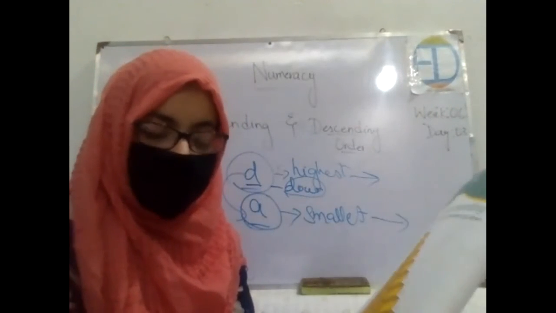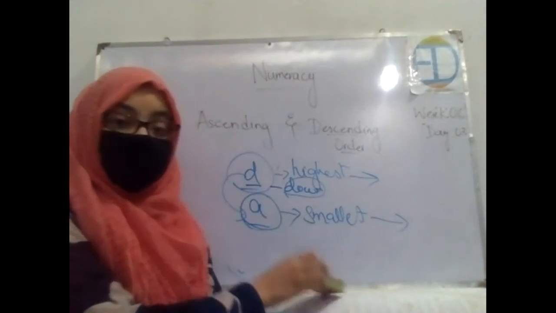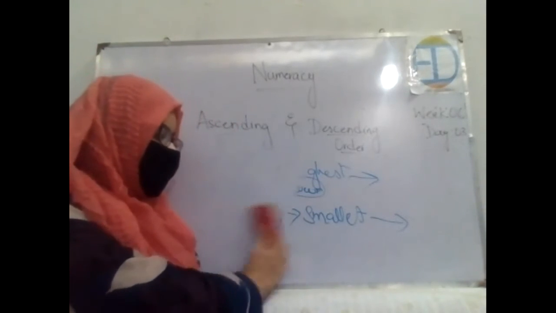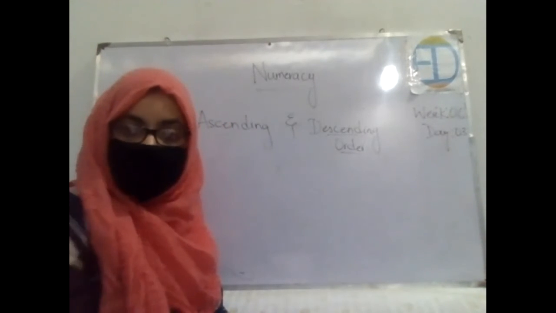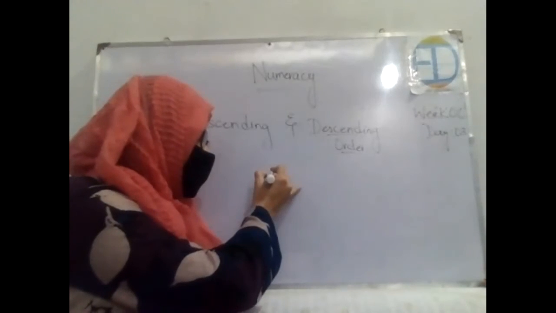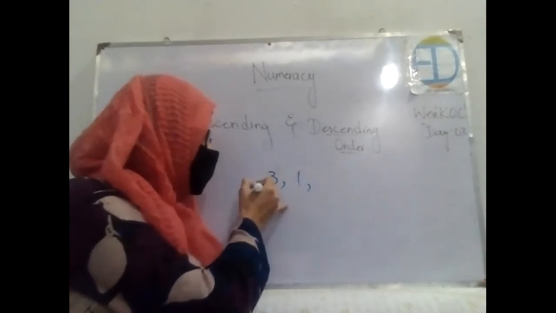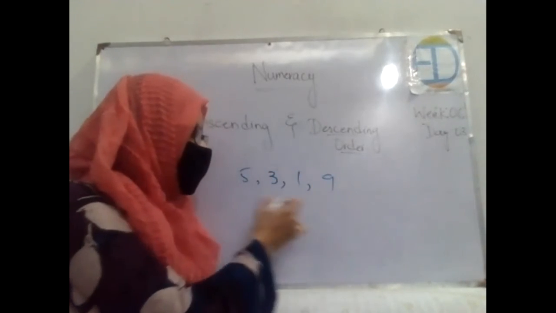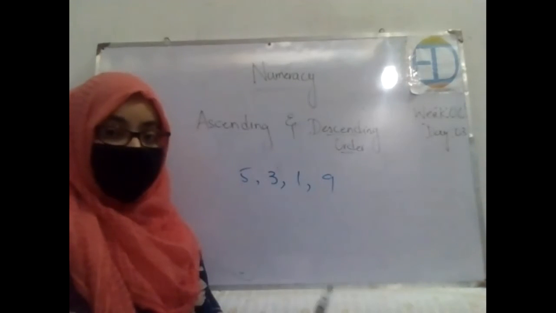Excellent. In yesterday's class we talked about the use of number line. So can anybody tell me how we can use number line in ascending and descending order? Okay, let's see. You are given four numbers, and somebody asks you to please write them down in ascending order.